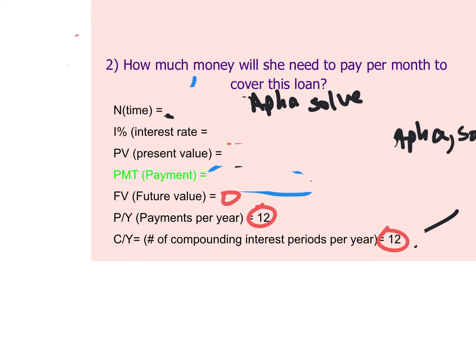So from your mom and dad's perspective, they are going to have an investment of present value $100,000 that they're going to invest in you. So we'll keep that as $100,000. Interest rate 5%.